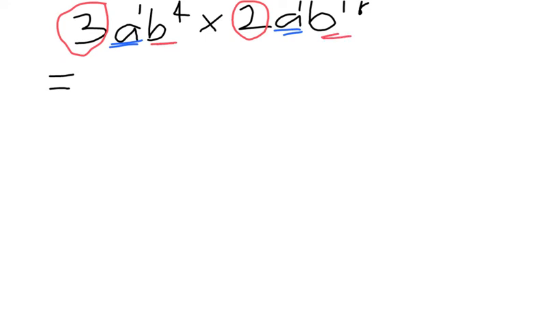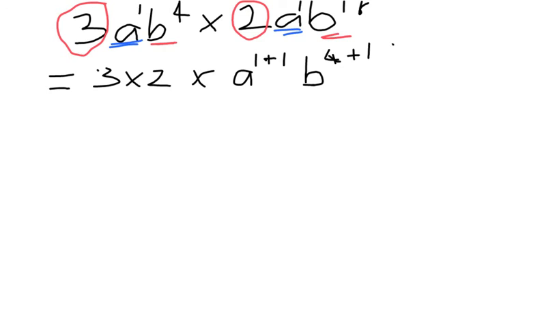So firstly, let's put our like terms together. 3 times 2, then times a to the power of 1 plus 1, and we've also got our b's: b to the power of 4 plus 18.